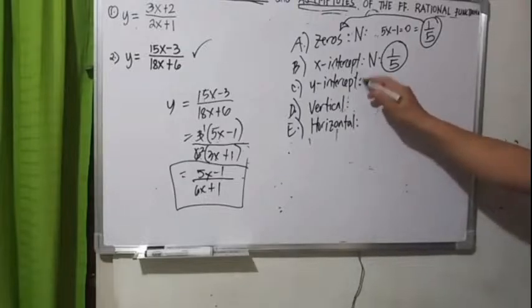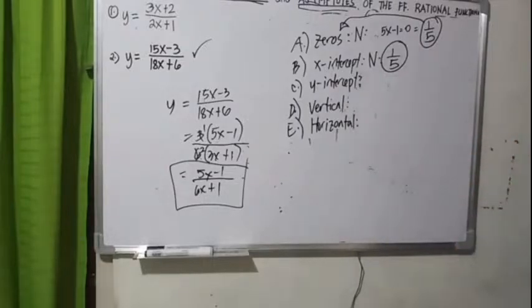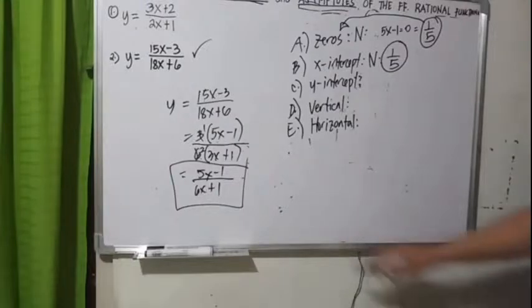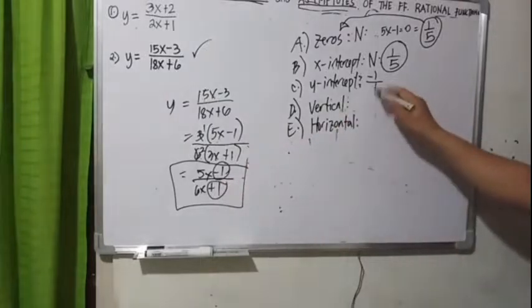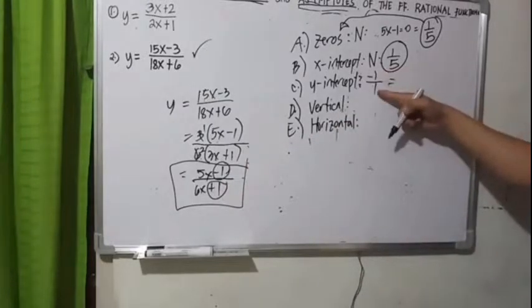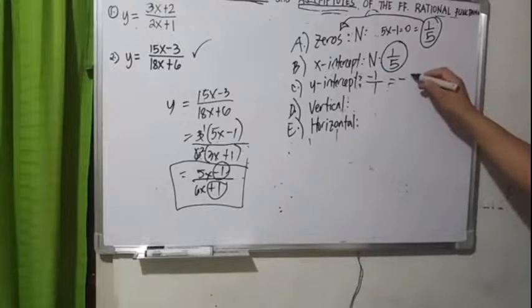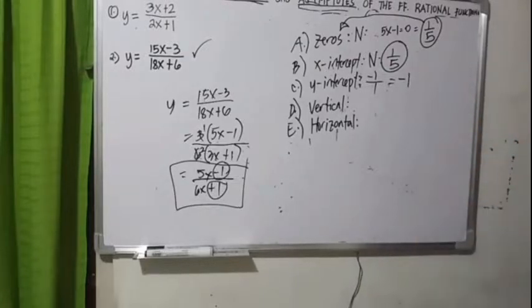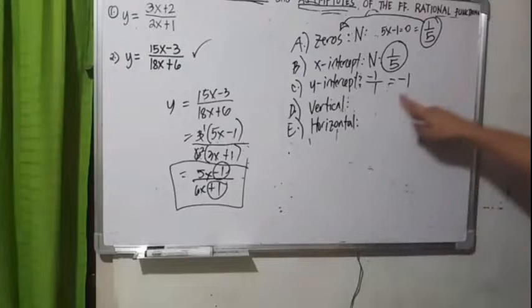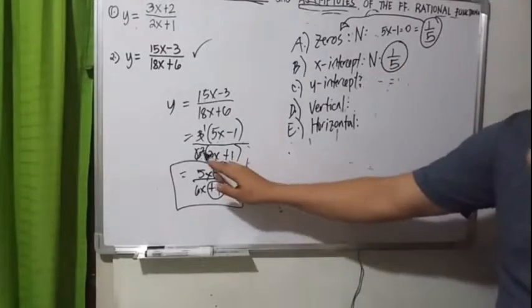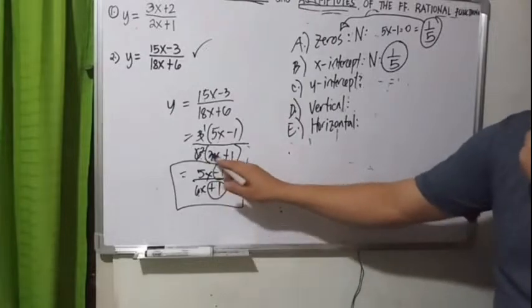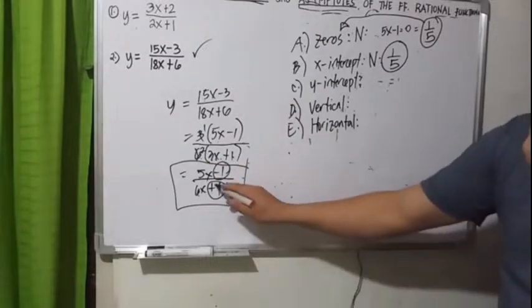The y-intercept is based on the constant terms of the numerator and the denominator. That is negative 1 over positive 2, since 2 times positive 1 is 2.